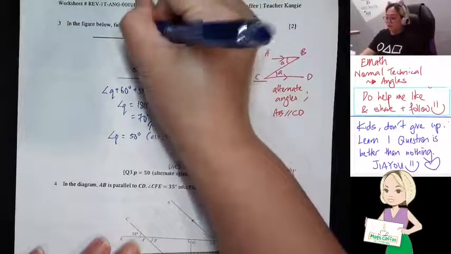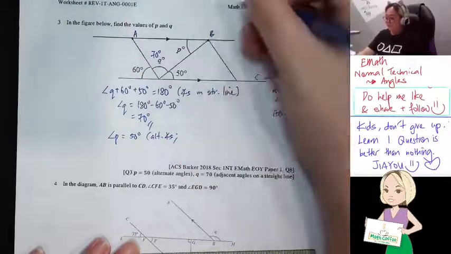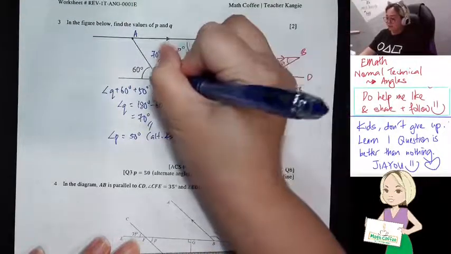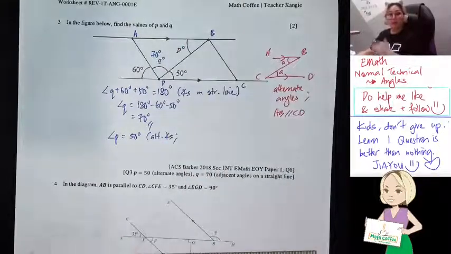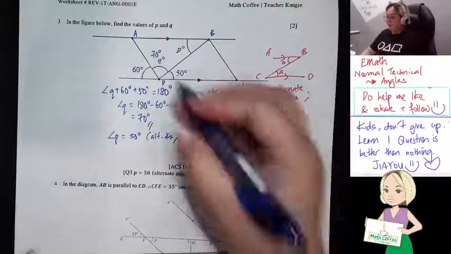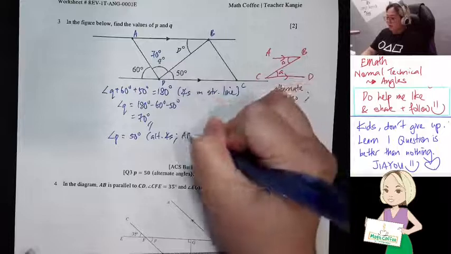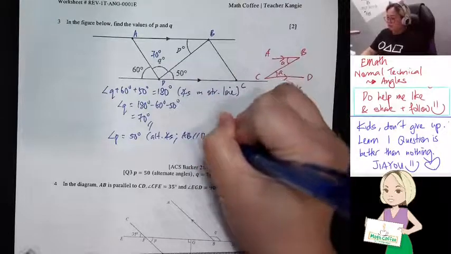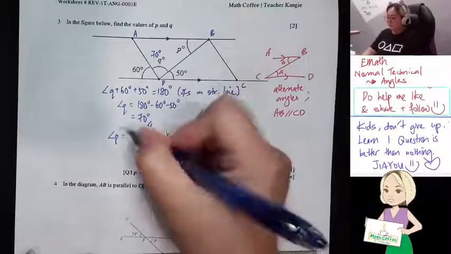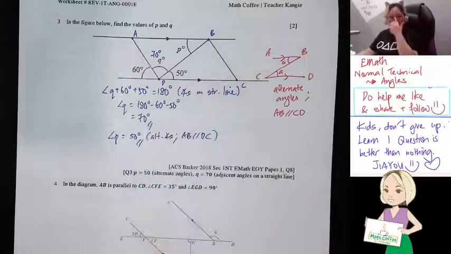So I say that this is A, this is B, this is C, this is D. If you have the diagram, then you do that. Then you can say, okay, AB is parallel to DC. Done. Okay? So this is for question number 3.